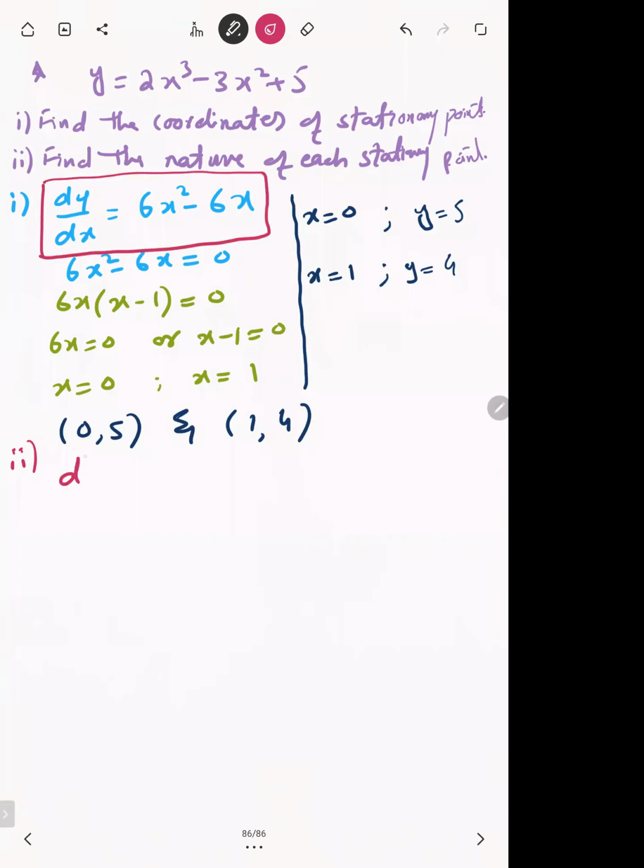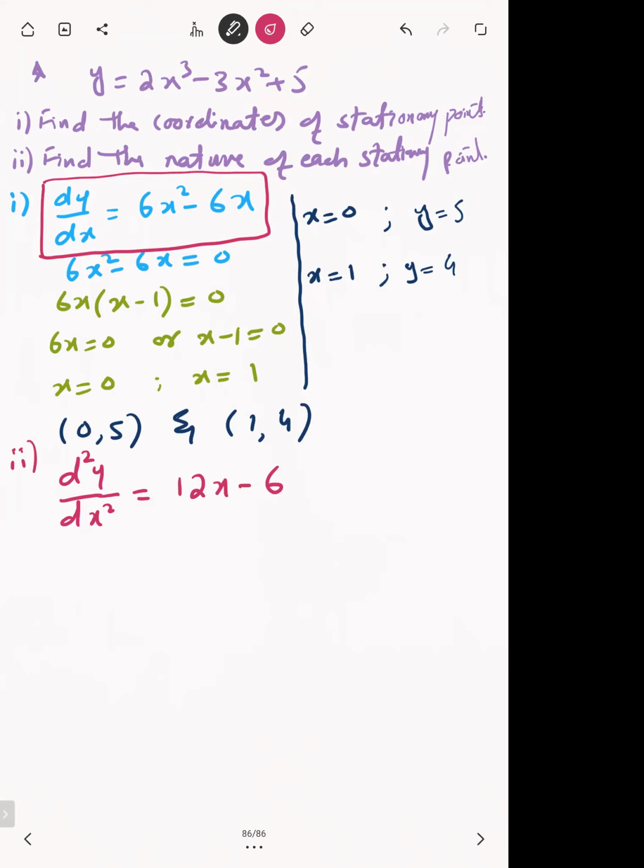Differentiate this again, you will get d square y by dx square. If you differentiate it again, you will get 12x minus 6. So d square y by dx square is equal to 12x minus 6. That's the second derivative.